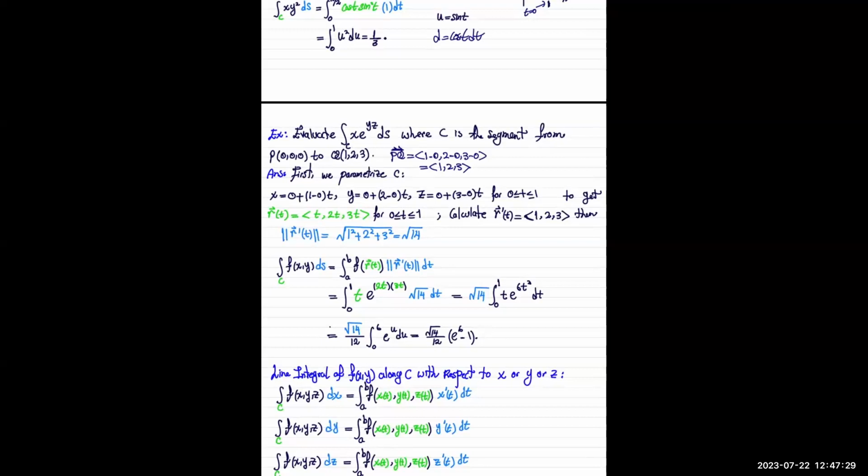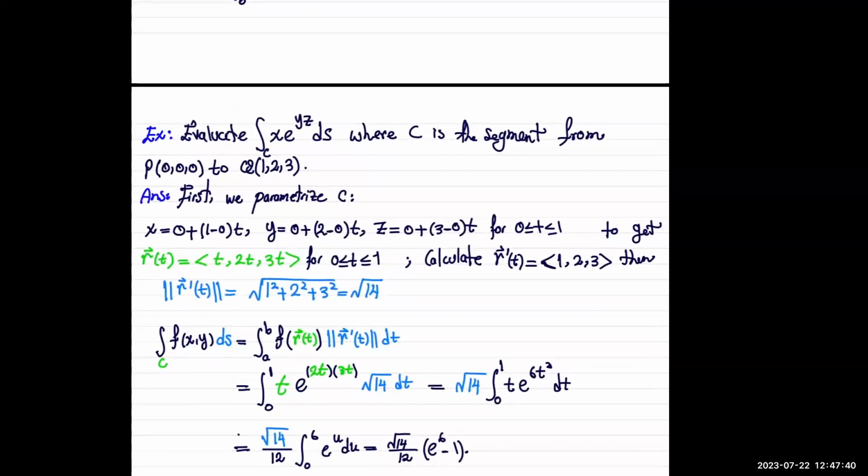Let me see if I can do some drawing here for you. You don't have to draw the curve or the line in this case, but here it goes anyway. So we have x, y, z, and this is P, the initial point. For the final point (1, 2, 3), we go 1 on x, 2 on y, and then 3 on z.